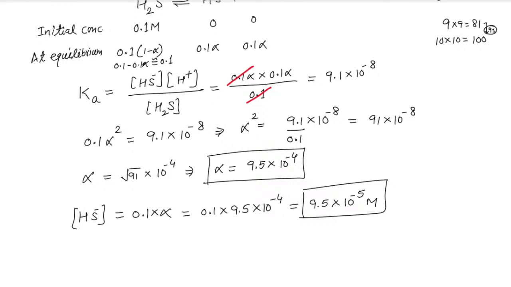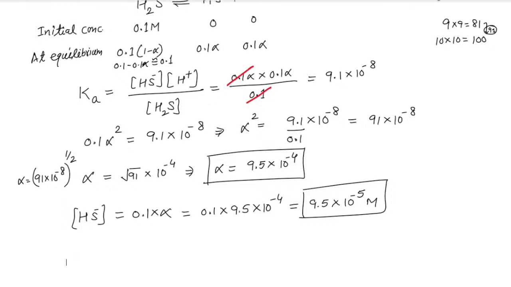It is 9.54 into 10 raised to power minus 4, because there is a square root of minus 8 also. Alpha is 91 into 10 raised to power minus 8 raised to power 1 by 2. Got it? So this is the first part. We have calculated the HS negative ion concentration as 9.5 into 10 raised to power minus 5.